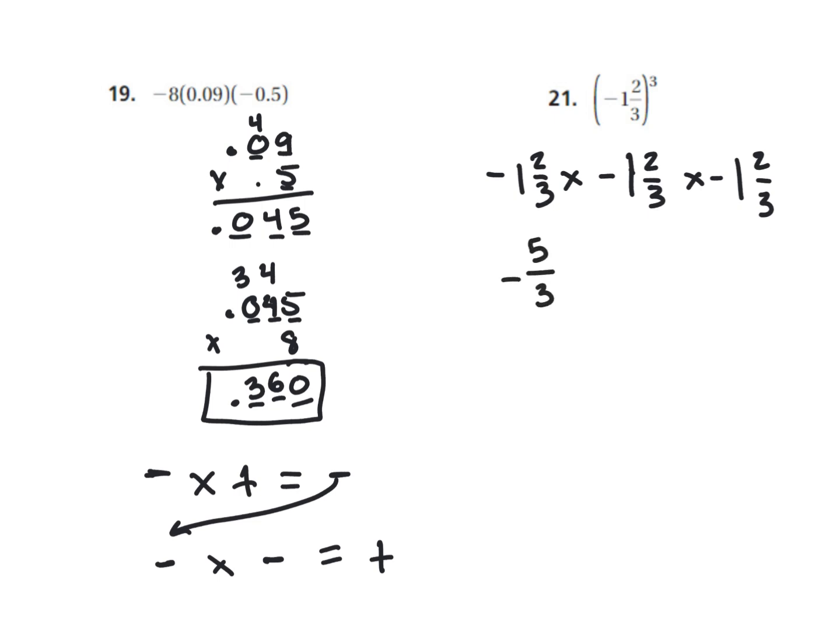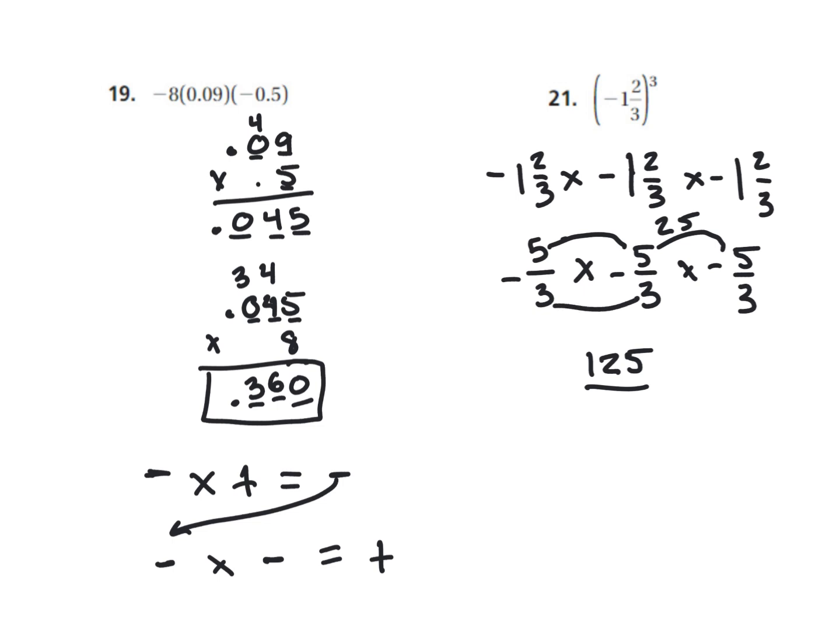So that's 5/3, and it's negative, times negative 5/3 times negative 5/3. So 5 times 5 is 25, and 25 times 5 is 125. 3 times 3 is 9, and 9 times 3 is 27.